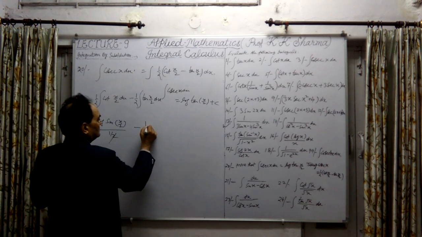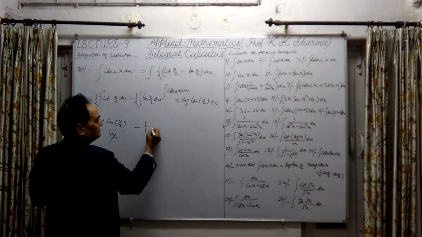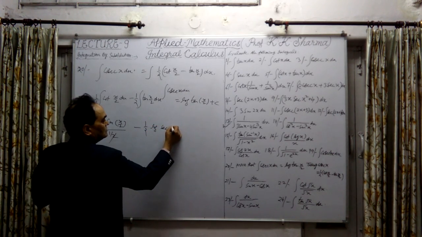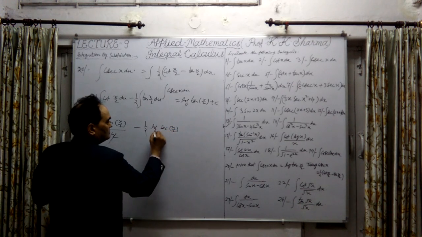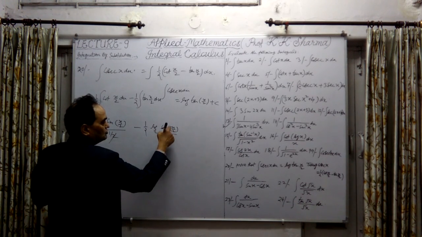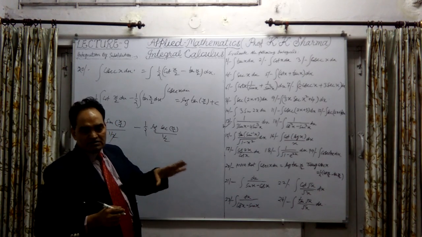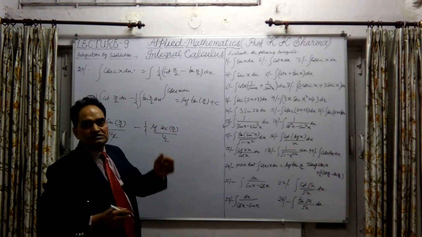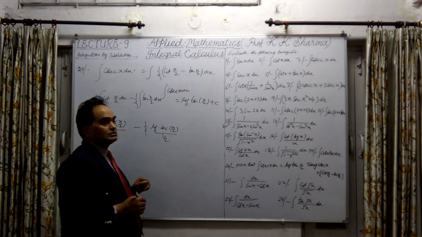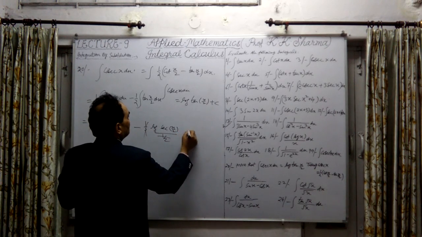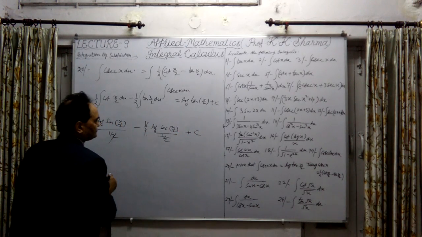Minus, the integration of tan x by 2 is log of secant x by 2, but this will also be divided by 1/2 because the coefficient of x is 1/2. We divide the integral's final answer by the coefficient of x. So the 1/2 and 1/2 cancel out. Plus the constant of integration.